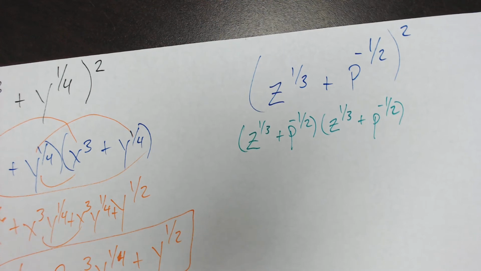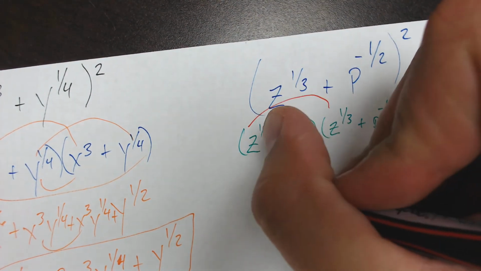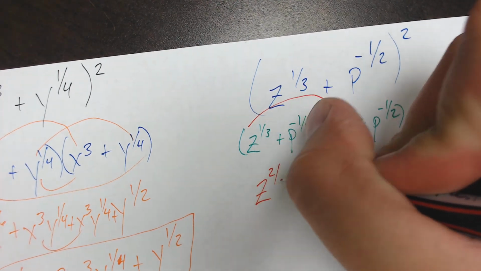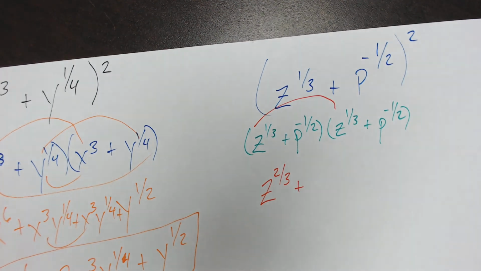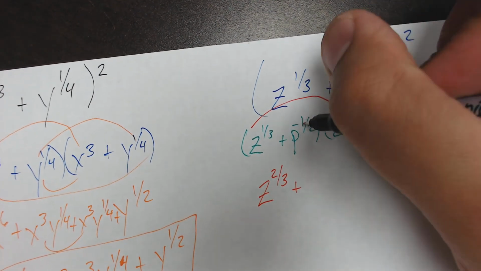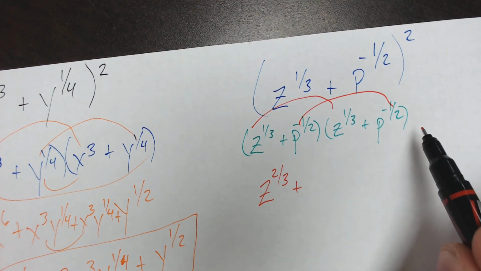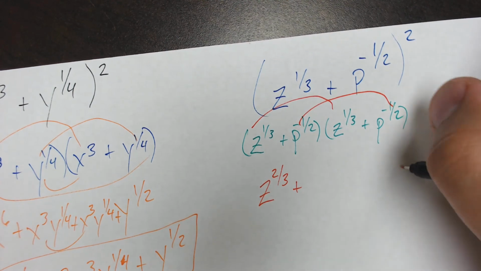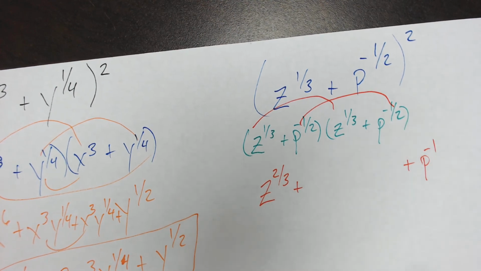We'll do that in red this time. First times the first, z to the 1/3 times z to the 1/3, is going to give me z to the 2/3. Last times the last, p to the negative 1/2 times p to the negative 1/2 is going to give me plus p to the power of negative 1.